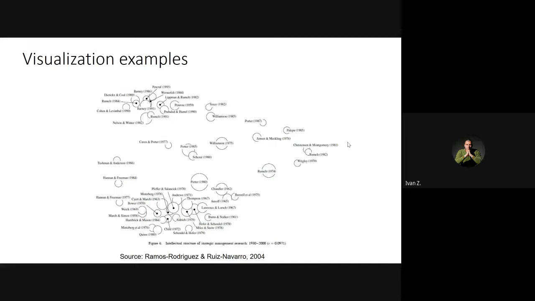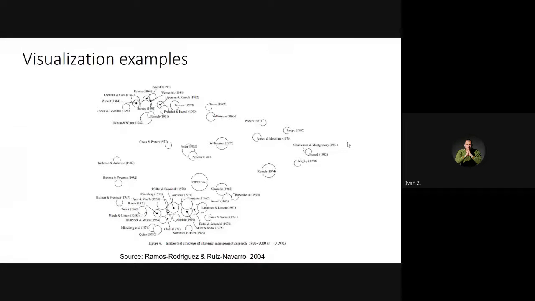So here's an example of the visualization. This is multidimensional scaling, and these visualizations usually try to show you those articles that are topically more similar, visualized closer together.